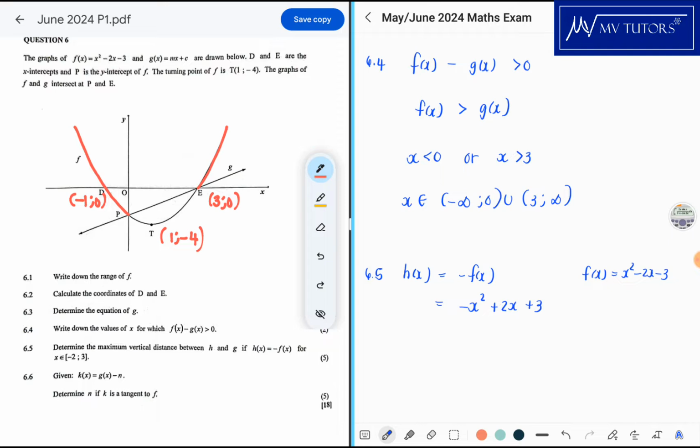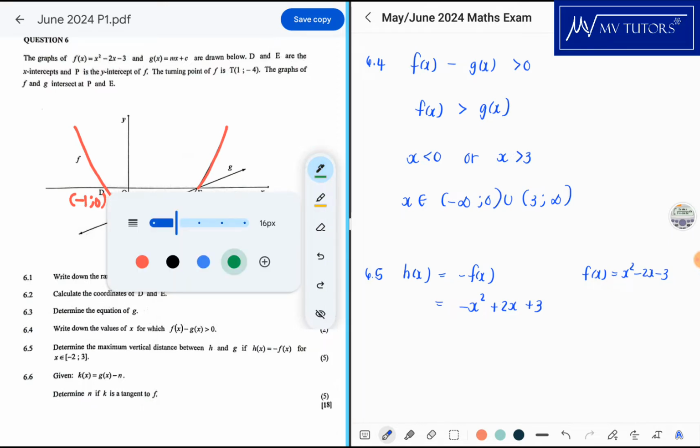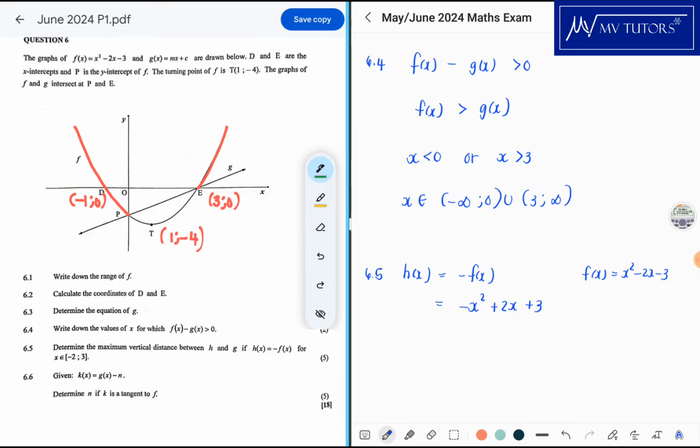So if I were to plot this new graph of h, it would basically look something like this, and that would be 1 and 4. All right, so that's the new function.